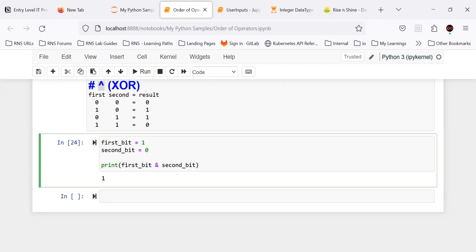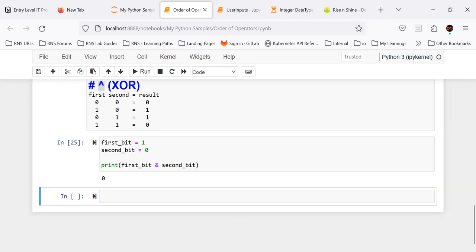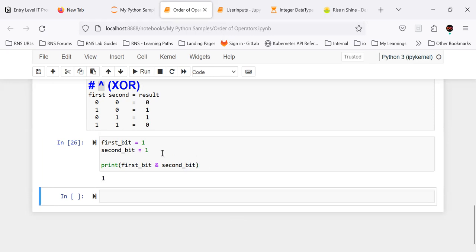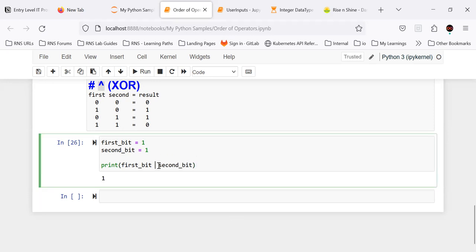What's going to happen in the logical AND? That is 0. If both bits are 1, then what is the value? Yes, that is 1. Suppose here if I use OR, what is going to happen?